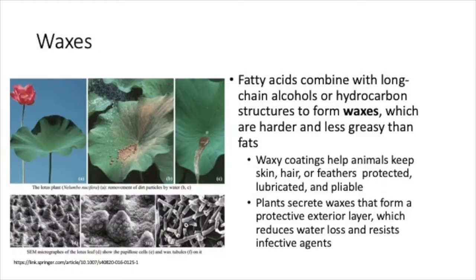Now we're going to talk about waxes. These are fatty acids with long chain alcohols. These help protect against water. These are weatherproofing.